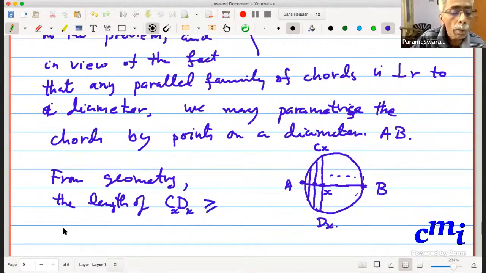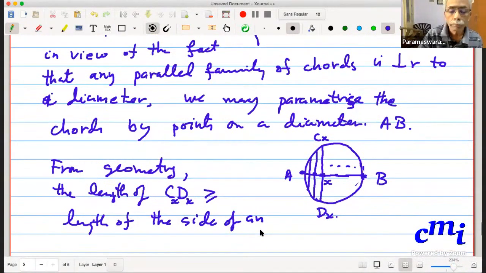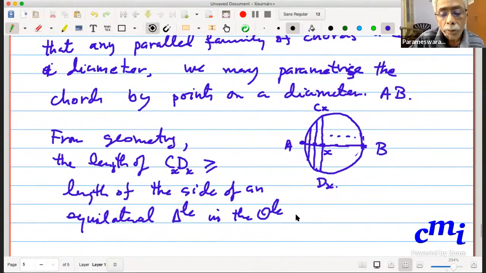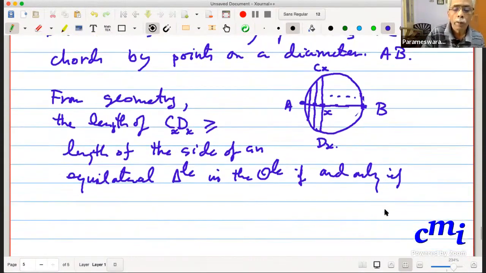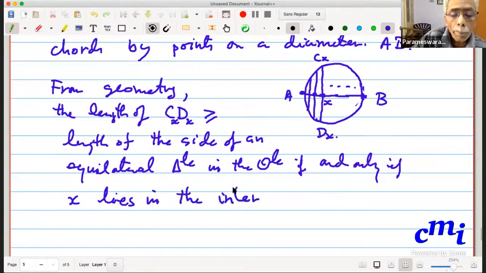is bigger than or equal to the length of the side of an equilateral triangle inscribed in a circle if and only if x lies in the interval, okay, in which interval?